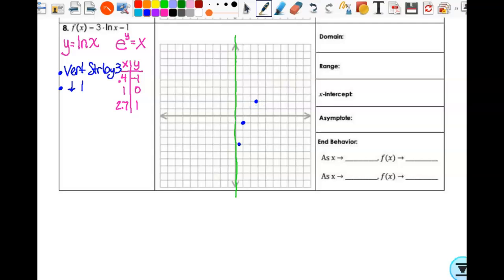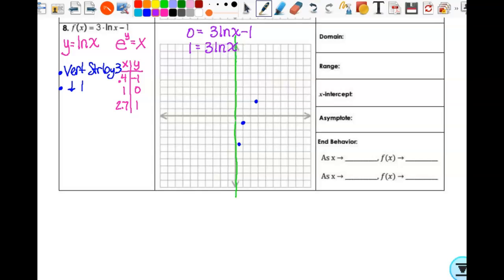Okay, my x-intercept, not plotted. So I need to go figure out what that is. So I can say 0 equals 3 times the natural log of x minus 1. So I'm going to add 1 to both sides, and I get 1 equals 3 times the natural log of x.